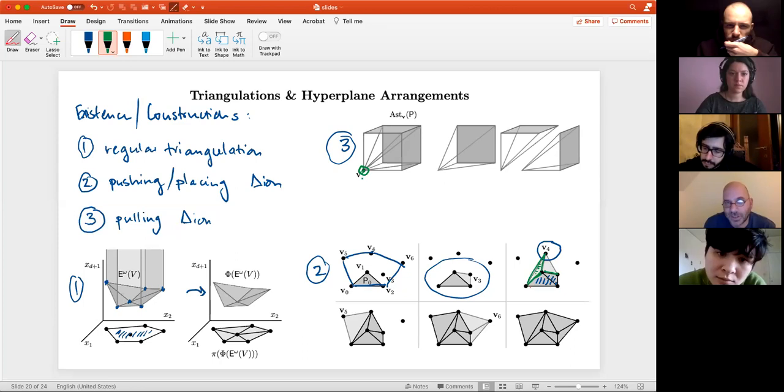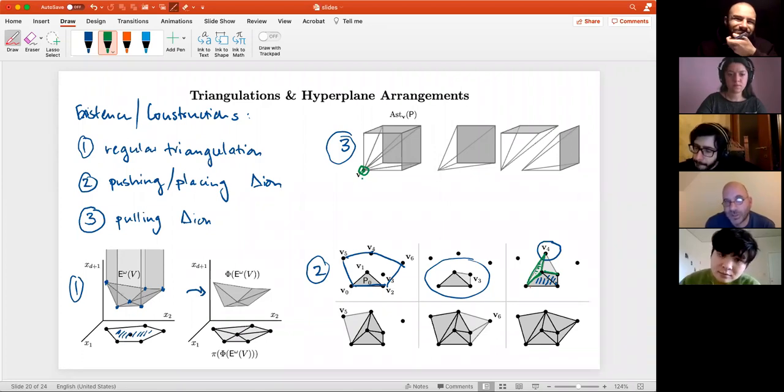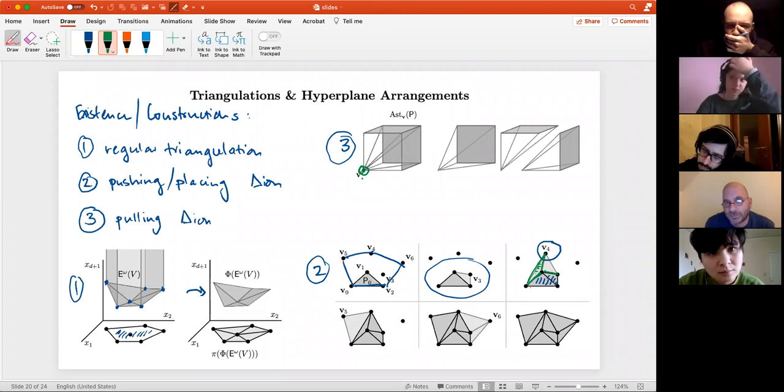So I have those three back faces that don't contain my vertex. And so now what I'll do is I'll produce pyramids over those facets with apex V. So you can see in this case, I produce 3 pyramids. And so this is the start of a triangulation.